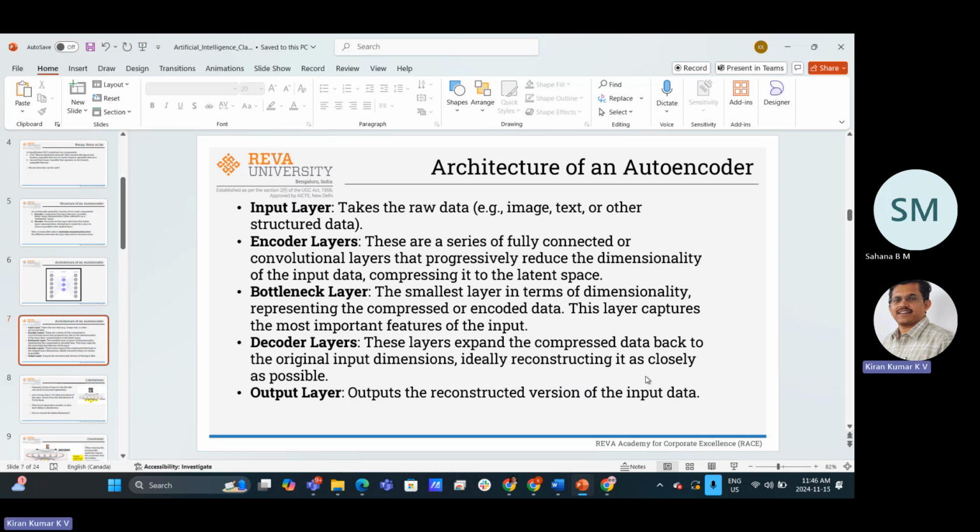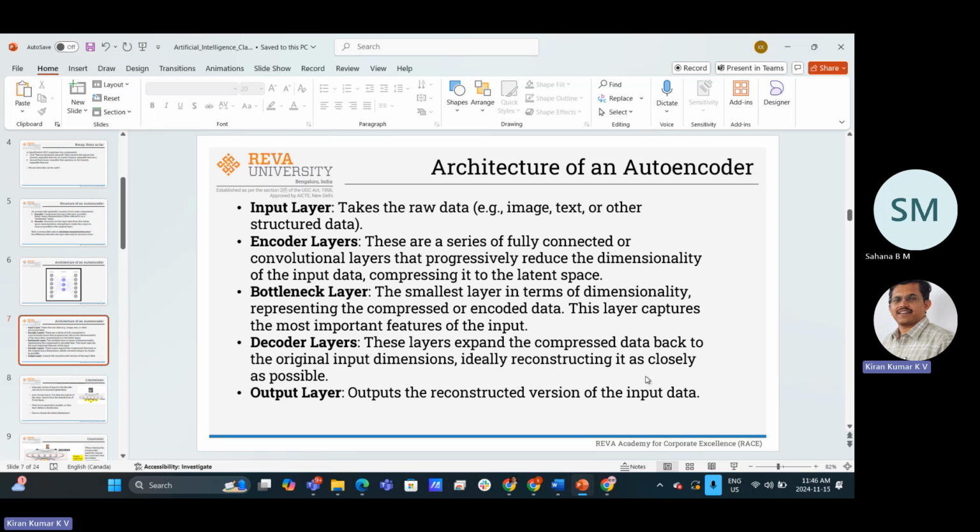So what's the architecture of the encoder? As I said, input layer, encoded layer. What's the other name of the encoded layer? Encoder layer. What does the encoder layer contain?